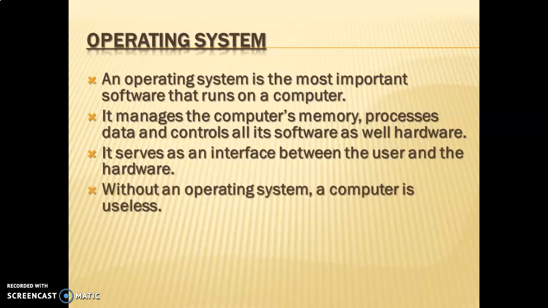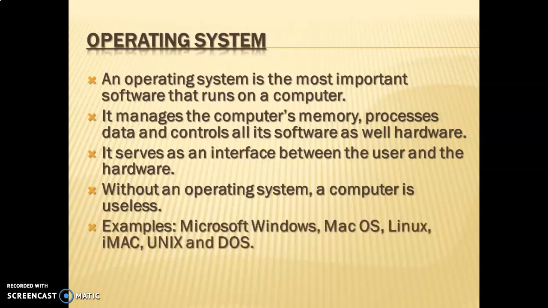Without an operating system, a computer is useless. I have told you that if there is no operating system in your PC or your smartphone, it will not work. Examples: Microsoft Windows, Mac operating system, Linux, iMac, Unix and DOS.